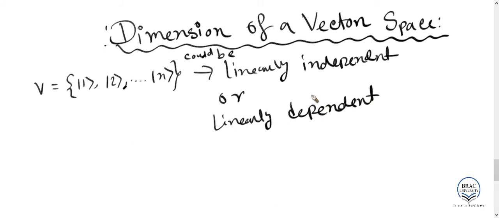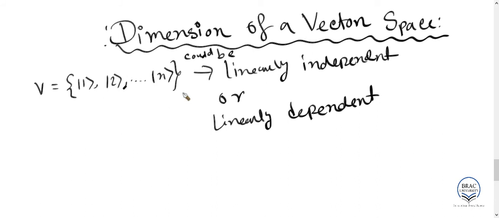Now the case we want to talk about is: what happens if this vector space, which contains these n vectors, has all of these vectors linearly independent? So we say that if a vector space that is defined over a field has n linearly independent vectors, then the dimension of that vector space is n.